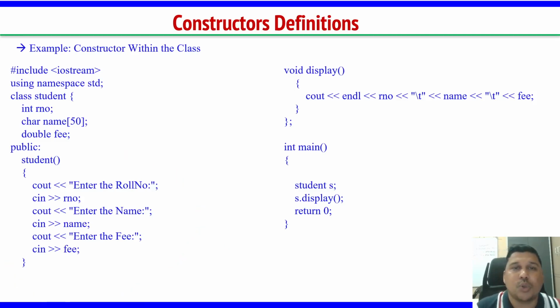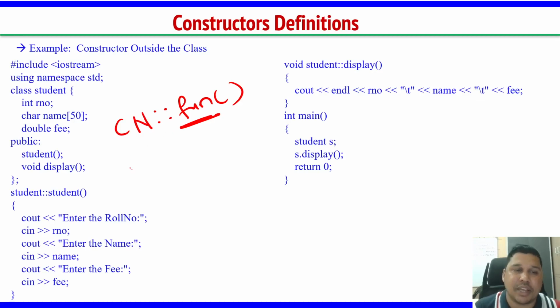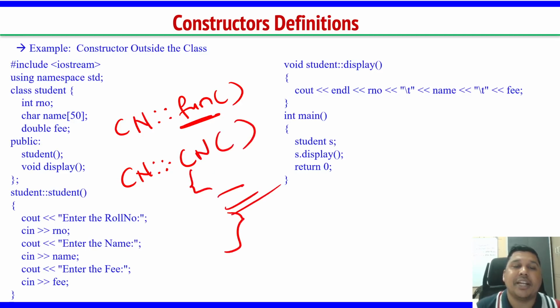So there are two ways of defining a constructor. One is within the class: simply write under public and give some statements. The other is outside the class: you have to use the class name, scope resolution operator, and function name, but the function name itself is the class name here. So you can define it like this.